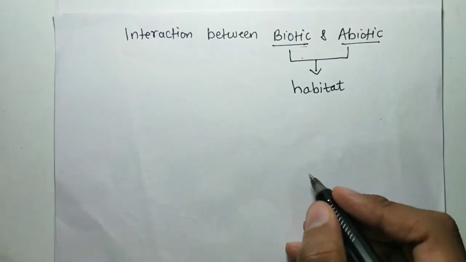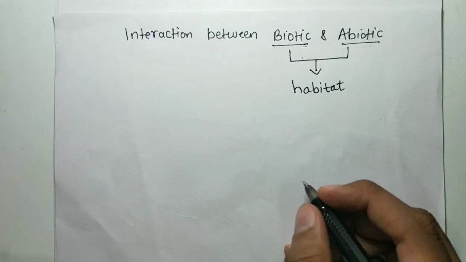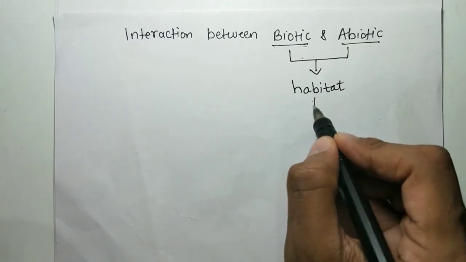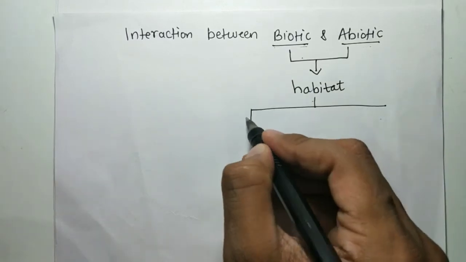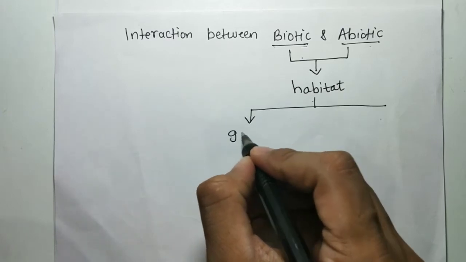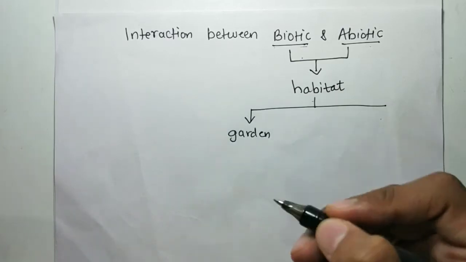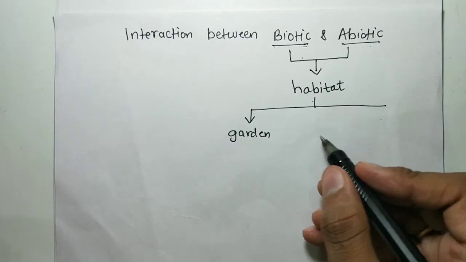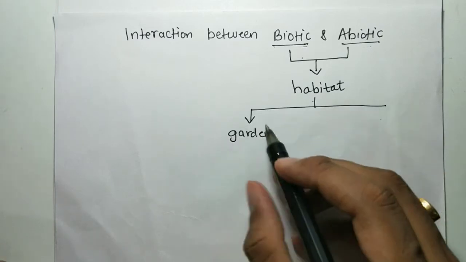They are very important components, and habitats are of different types. Different places have different habitats. What are the examples of habitat? Let's say a garden. A garden has flowers, butterflies, and some soil, so it has a different habitat.